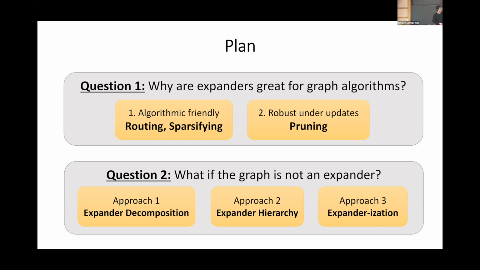Right now, the worst case update time is still a subpolynomial factor. So the worst case update time is still not as good as amortized, but I think you can do it.